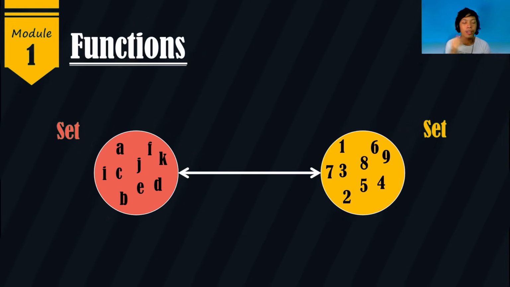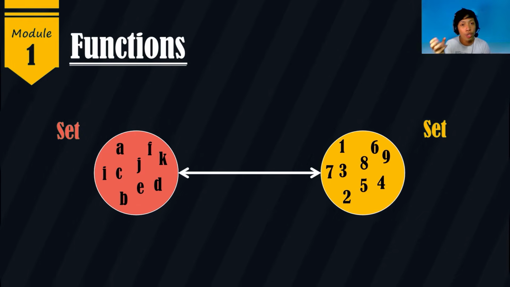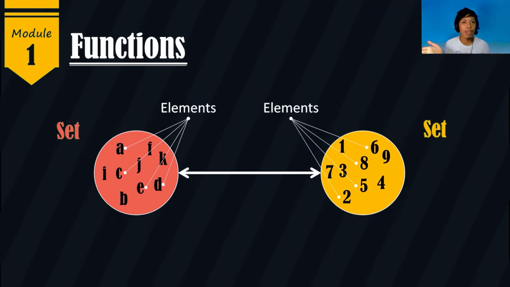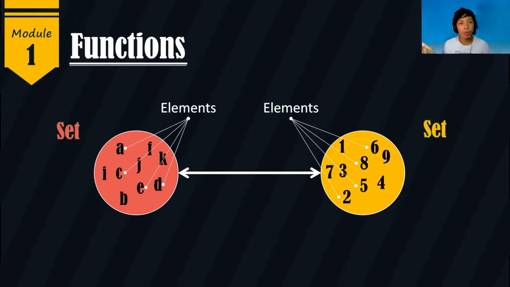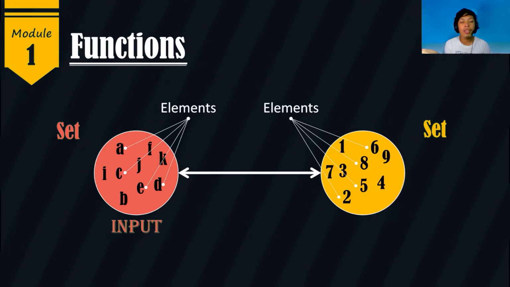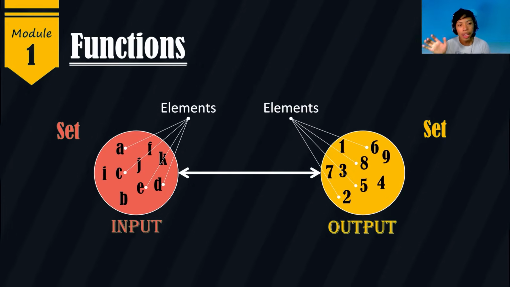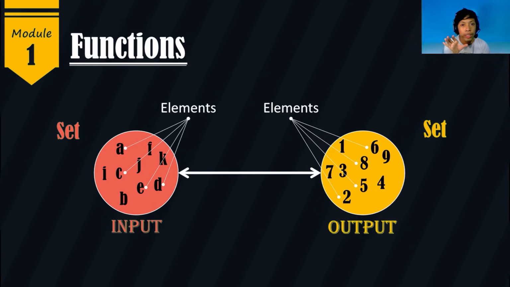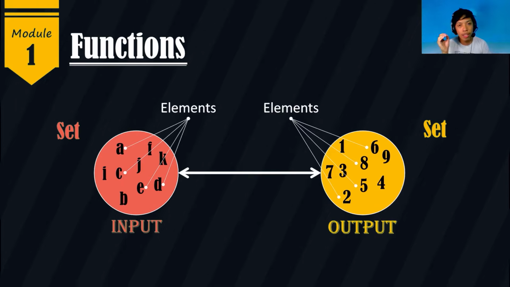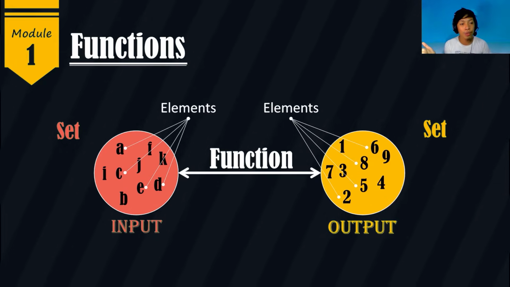So we have two sets here, and the members of each set are referred to as elements. One set is a collection of all inputs, and the other is the collection of all outputs. The rule that defines the relationship between the elements of each set is what we call the function. That's the definition of the function.